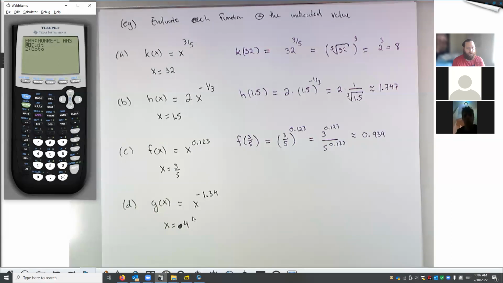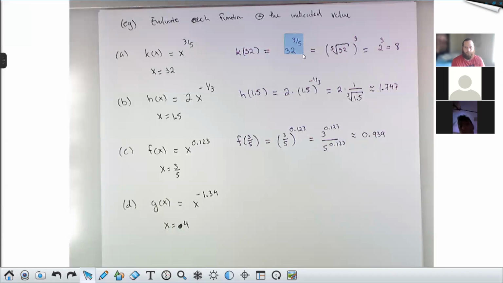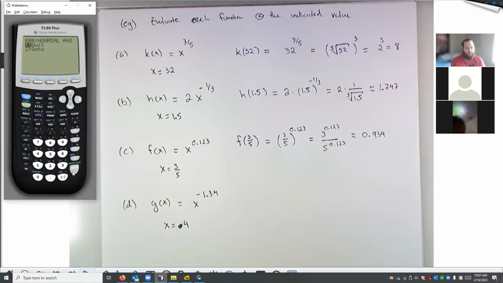Right? Because if you take a negative number, remember a fraction in the power is the same as a root, like we saw up here. This was a fifth root. If you raise a negative number to a weird fraction power, then there's a chance that your output will not be a real number, like trying to take a square root of a negative.